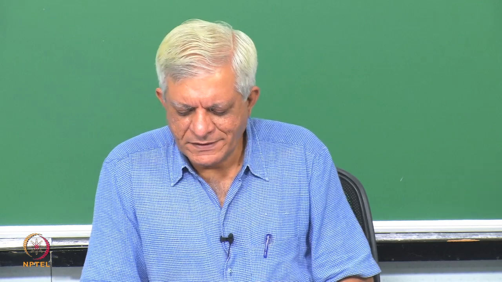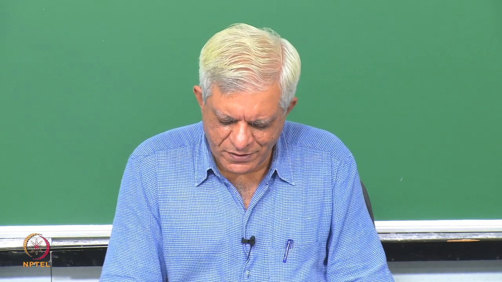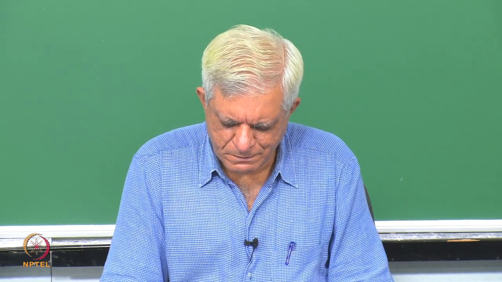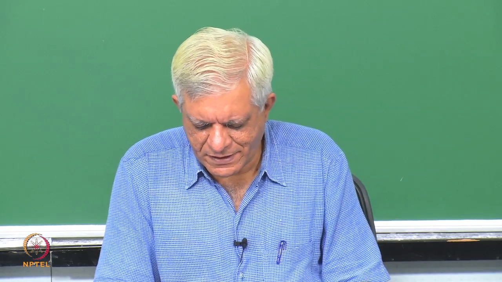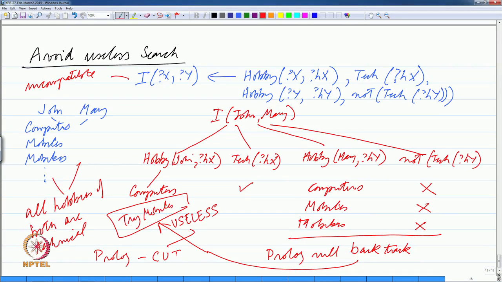How do we do that? In Prolog, there is a statement called cut, which is denoted by an exclamation mark. A cut goal is a goal which is satisfied trivially, but it controls the procedural behavior of Prolog.